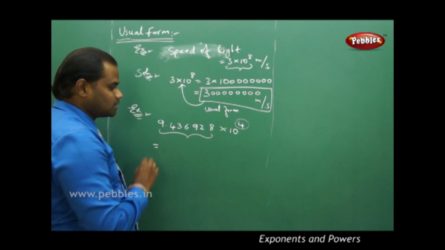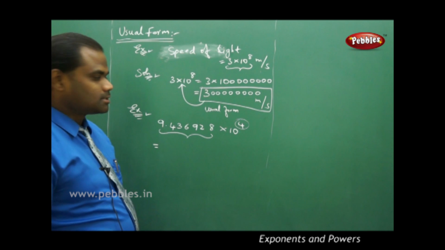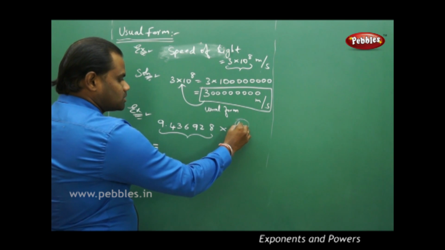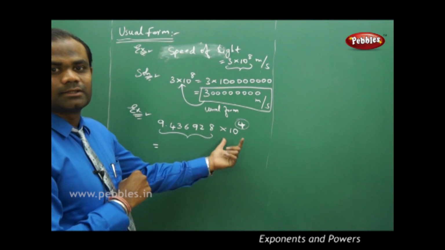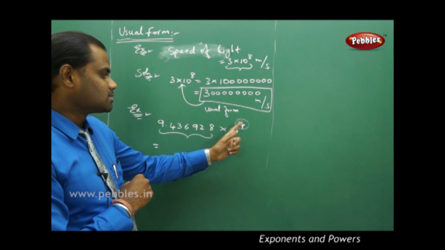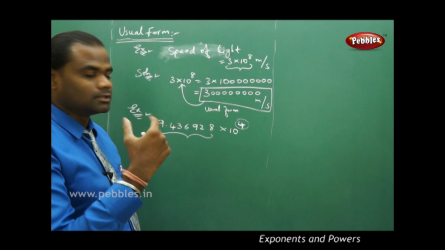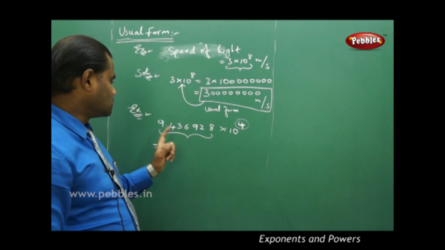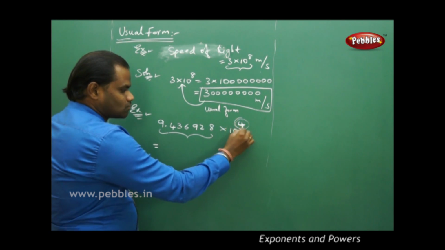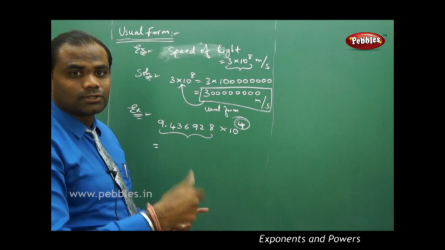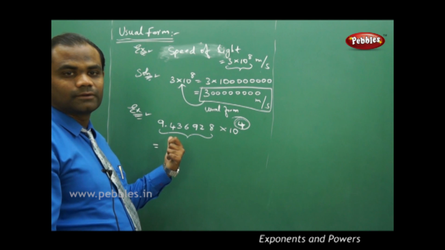Now if I want to convert this into the usual form, I understand that the positive power will make the decimal jump from left to right in this case, because this is the case of converting the standard form into the usual form. So therefore the decimal jumps from left to the right. Because it is 4, the decimal jumps 4 steps to the right.